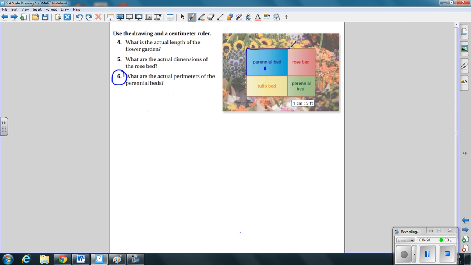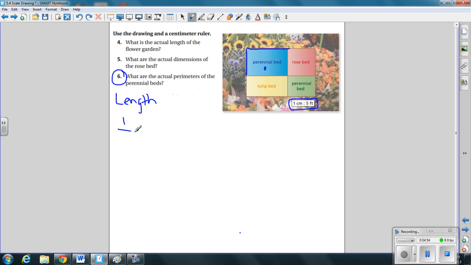And from there, if you want to find the actual perimeter, you can. So when we're looking for the length and width, we're going to do them separately. We're first going to work with the length. And do you guys remember what the scale is? Right, the scale is right here, 1 centimeter to 5 feet.